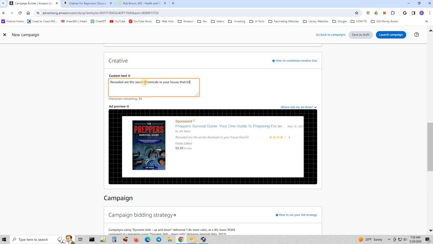Well, no, don't do kill. Amazon will flag that. Chemicals in your house that reduce life expectancy. So, all right, revealed in this book. So these are classic headline attention-getting words: revealed, discover, secret, free.